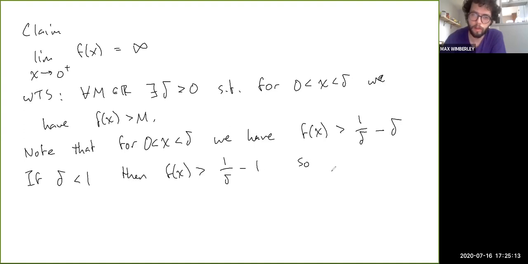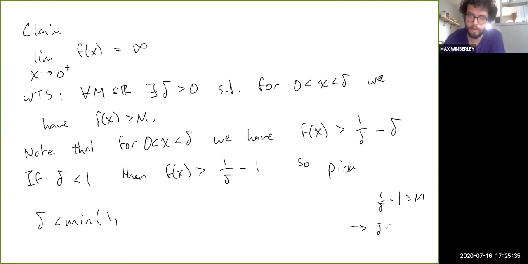So pick delta less than the minimum of 1, and then if we want 1 over delta minus 1 to be greater than m, then add 1 and then invert it. So we want delta less than 1 over m plus 1, right?